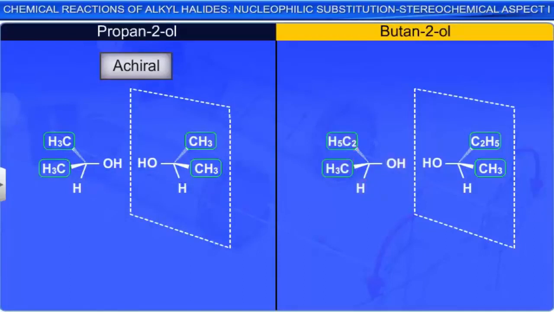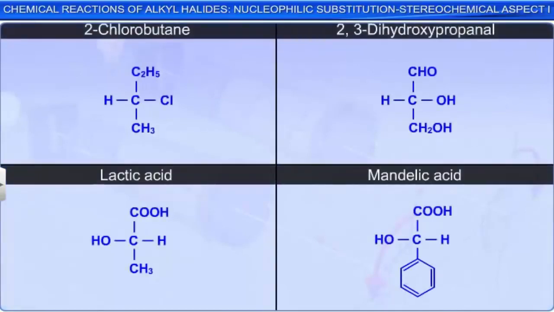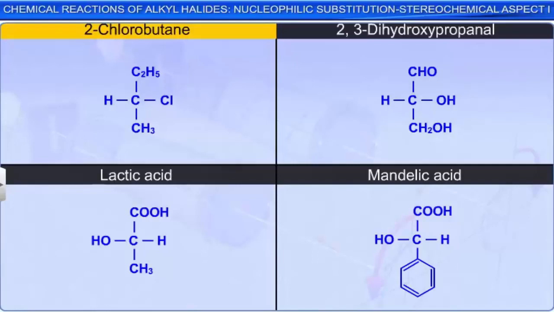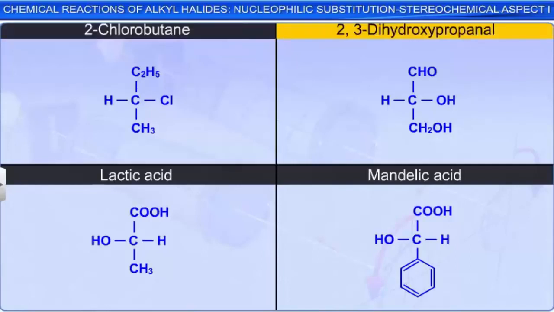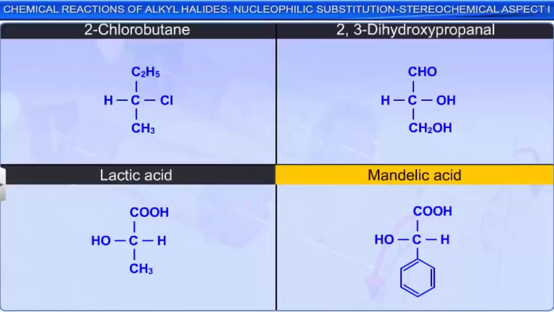Hence, it is an asymmetric molecule and is expected to be chiral and optically active. Some common examples of chiral molecules are 2-chlorobutane, 2,3-dihydroxypropanal, lactic acid, and mandelic acid.